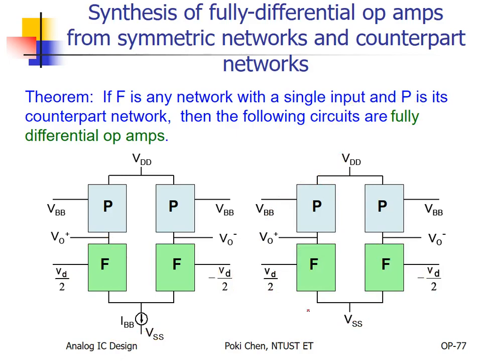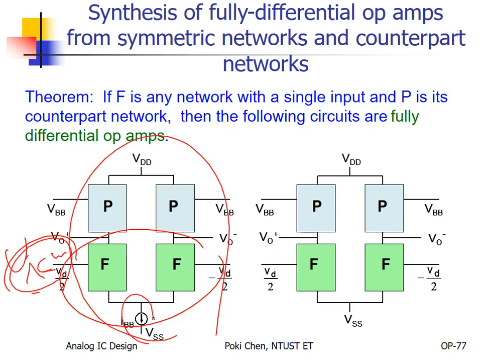And again, I can help to refresh your mind. Hey, how about the VICM? What is the impact of VICM, input common mode voltage, for this structure? You can see, if I increase the common mode voltage for input, I push it up. Right?